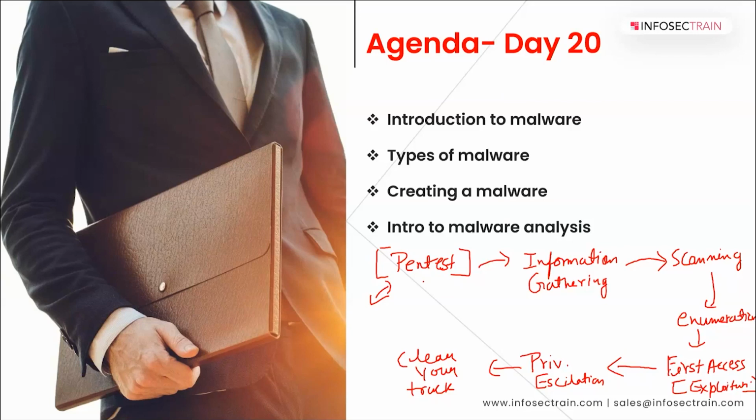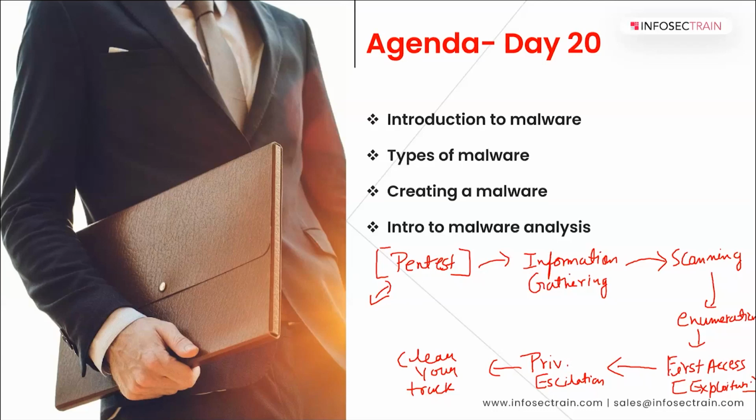There were a few additional steps because our motive there was not only compromising something, but also getting the data and presenting a report so that your organization can know what problems and vulnerabilities they have.